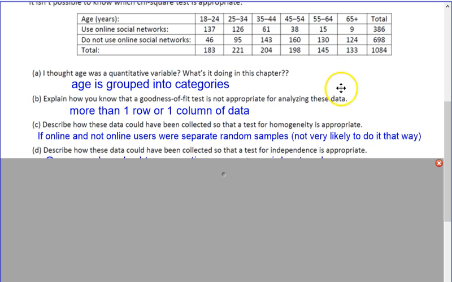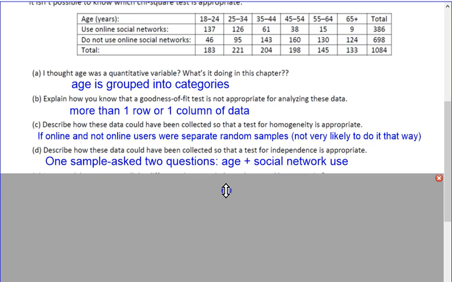Most likely this is a test of independence. In a test of independence, you would just get a random sample of people and you would ask them two questions. How old are you, and do you use online social networks? And then you would record their answers in the correct category. That's probably how the data would be collected. So one sample with two questions versus two samples with one question.